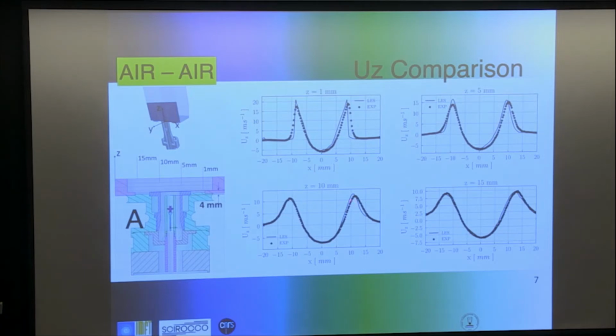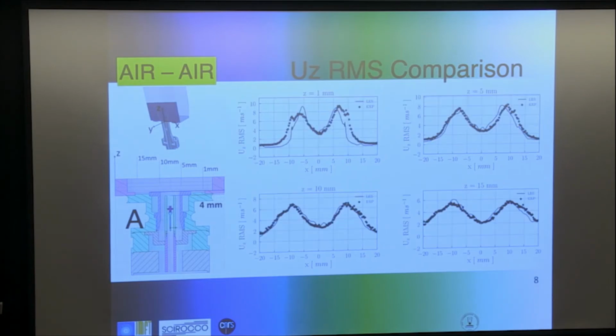You have the symbols and the lines of experiment and LES, and you see they agree extremely well. Even when you look at the RMS values, so those are the perturbations, the agreement is extremely good. You can never obtain that with RANS. Don't even try. RANS doesn't know the difference between Z and R. If you use the k-epsilon model, you cannot do it.